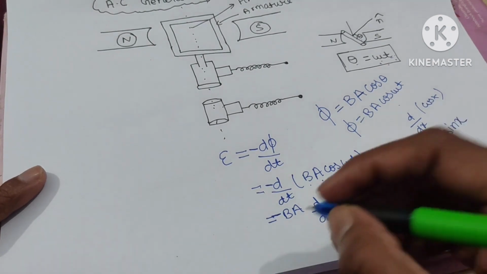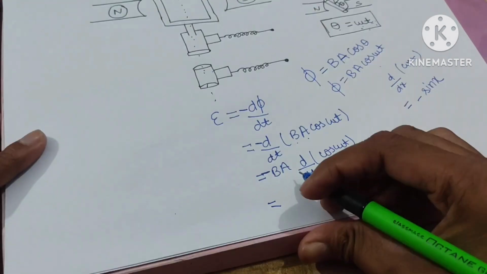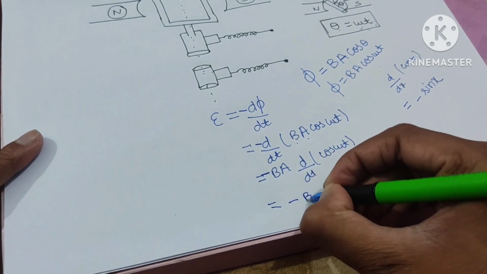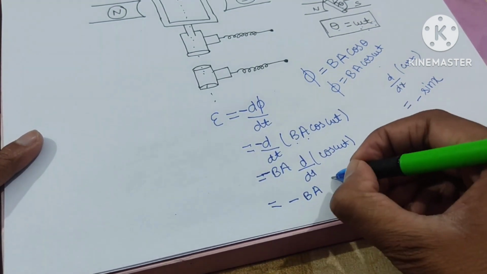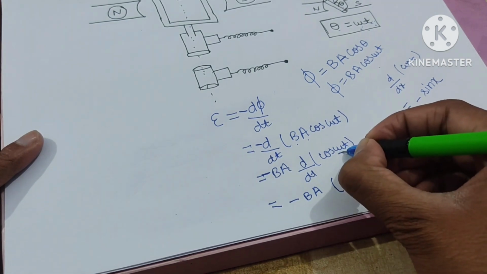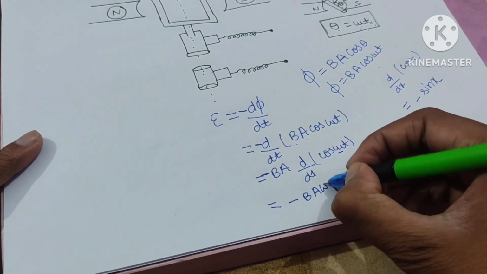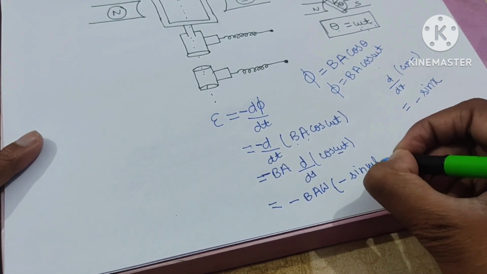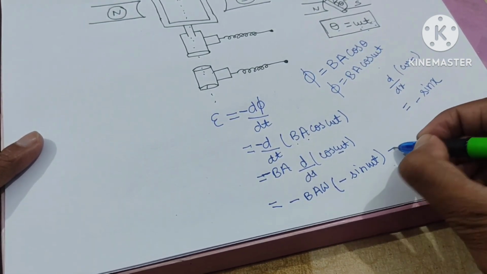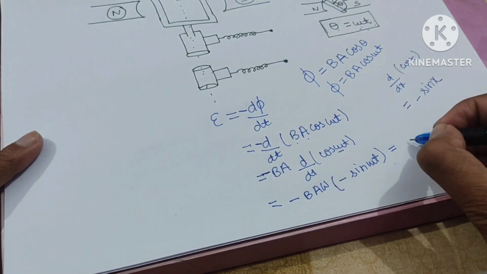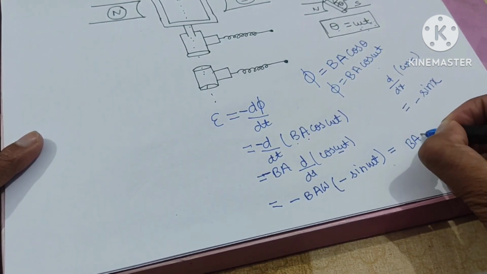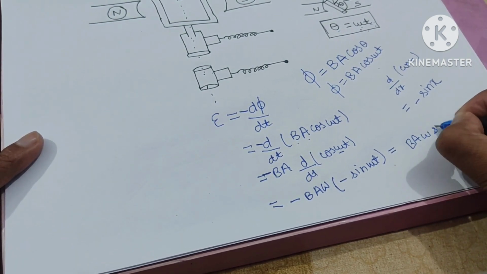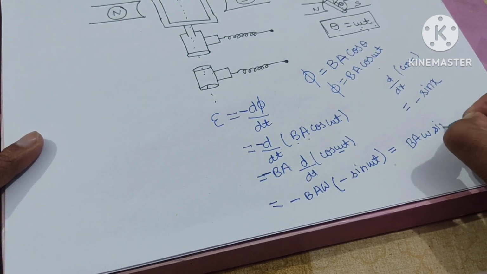So now here we write minus B A, and omega will come out because it is a constant, and it will become minus sin omega t. Now minus minus will become plus, so B A omega sin omega t.